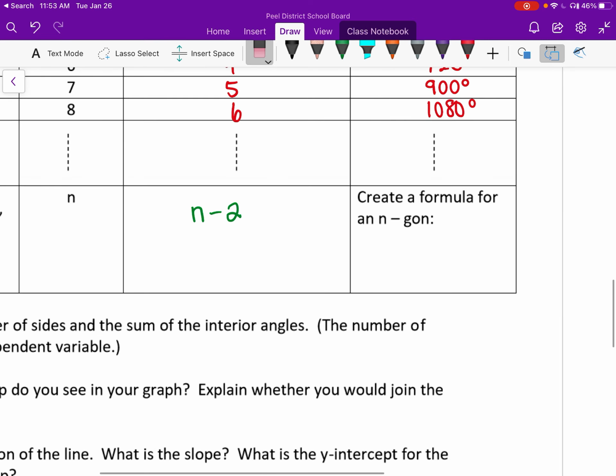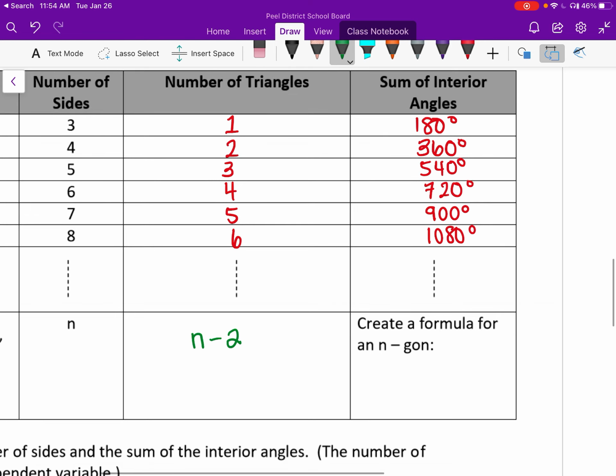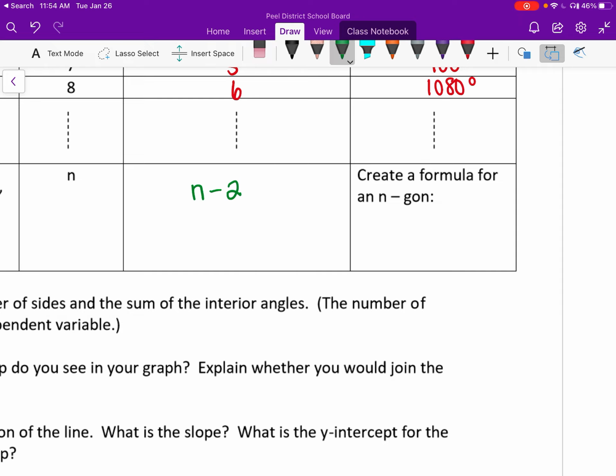So what I can say now is that if I want to find out what the interior angles are going to equal, I just need to take the number of triangles that exist in there, which I represented by this equation. So let's derive this equation. Number of triangles multiplied by 180 degrees, right?